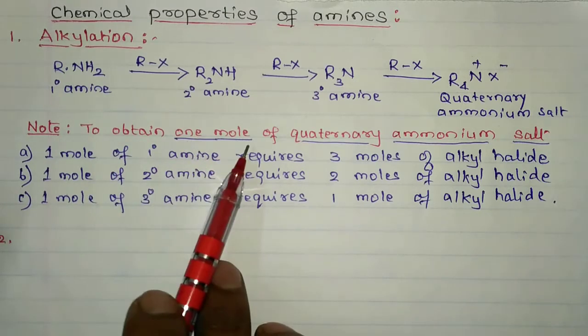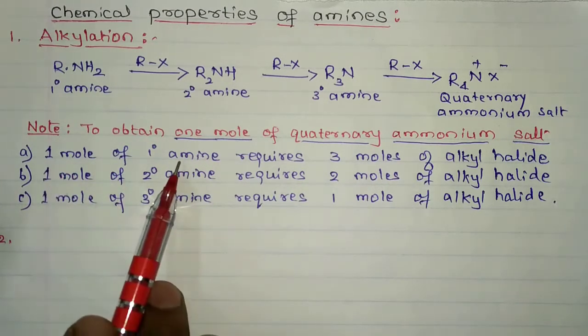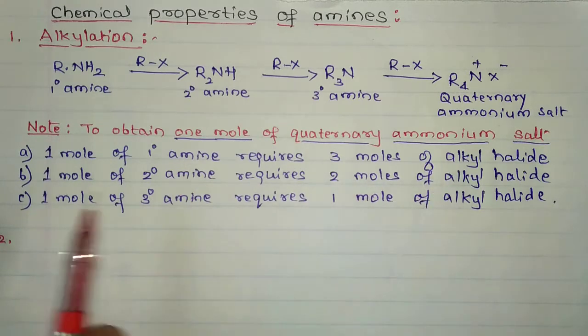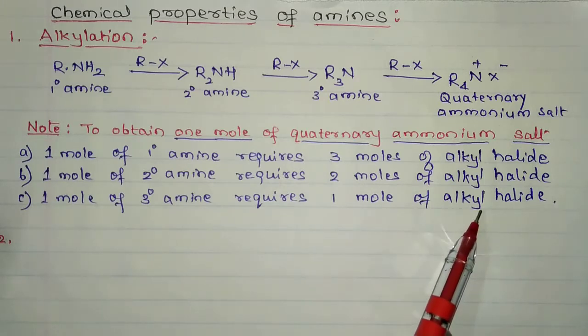To obtain 1 mole of quaternary salt, 1 mole of primary amine requires 3 moles of alkyl halide, secondary amine requires 2, and tertiary amine requires 1 mole.